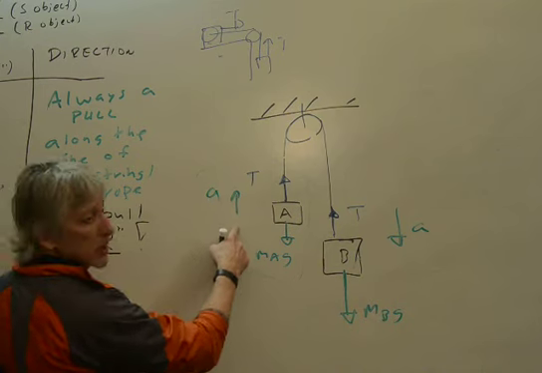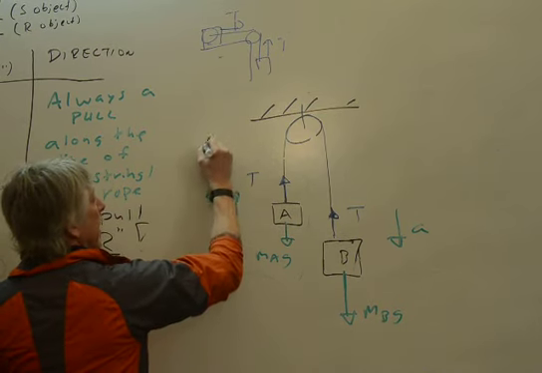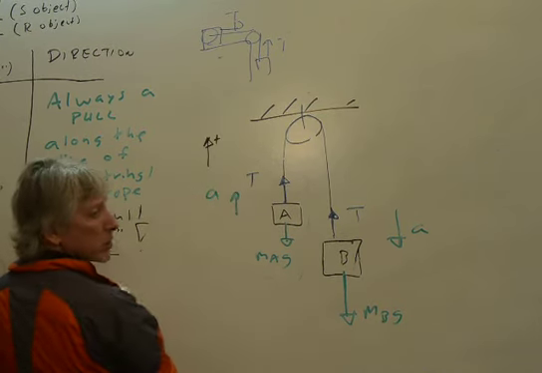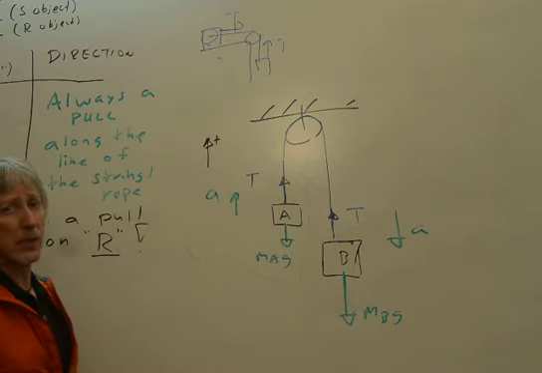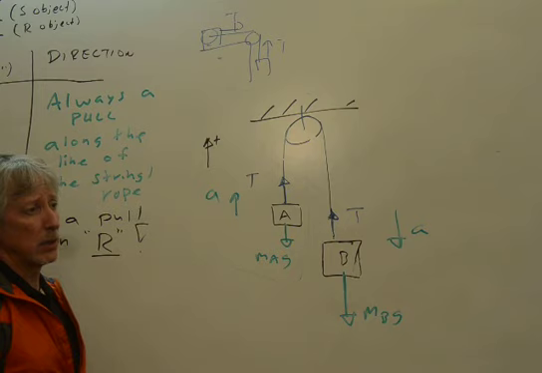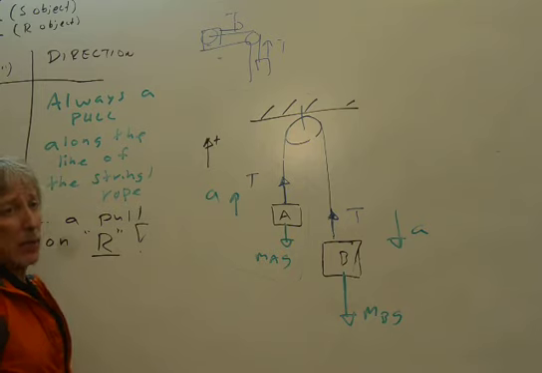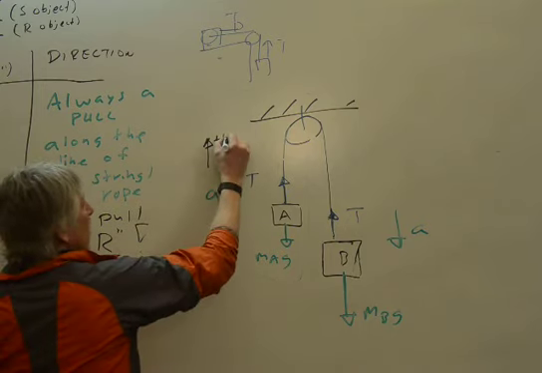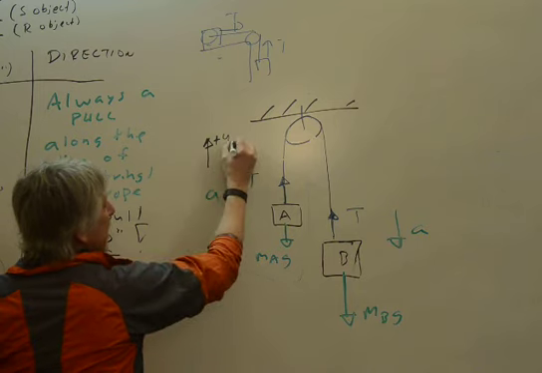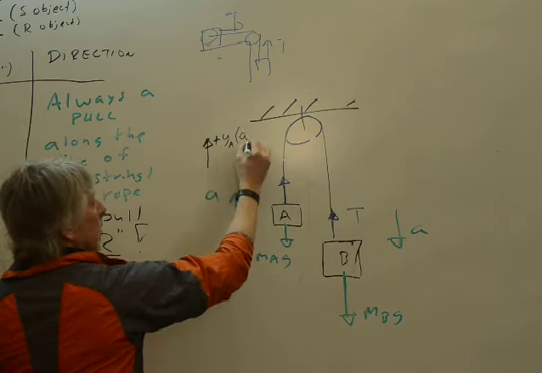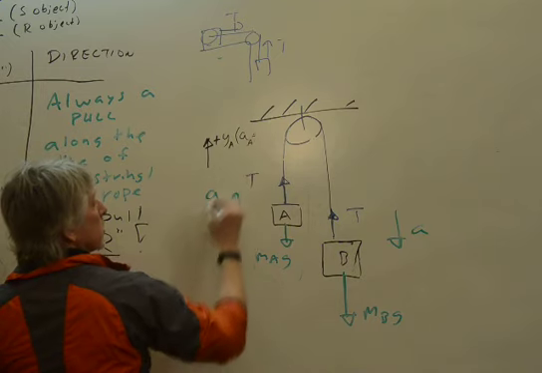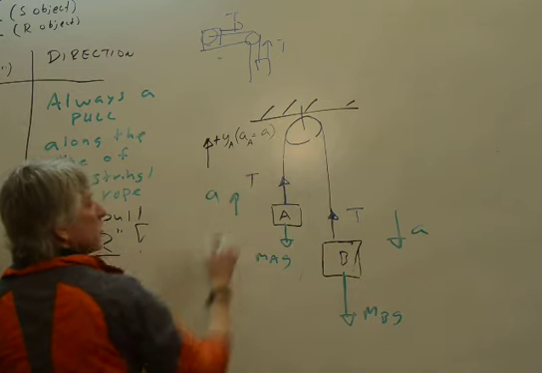If I know this accelerates up, then I can call that the plus direction. It's only one-dimensional, so you don't need to name it X or Y. If you want, go ahead. You can call it Y. If you want, you could say that's Y for the A object, in which case acceleration of A would equal some a, which is a positive number.